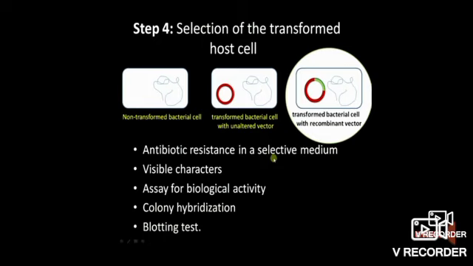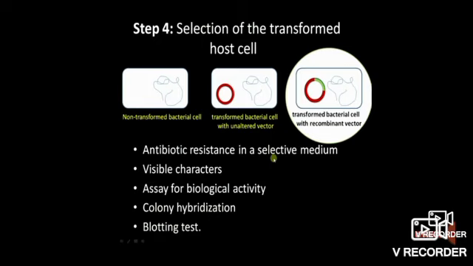And then such type of cells may also be selected by this gene may be coding for some characters. Our gene of interest may be coding for some characters which are visible. So by seeing those visible things, the colonies can be selected. Or maybe if it is an enzyme, we can add some substrate by which a color appears. So that is also a marker.